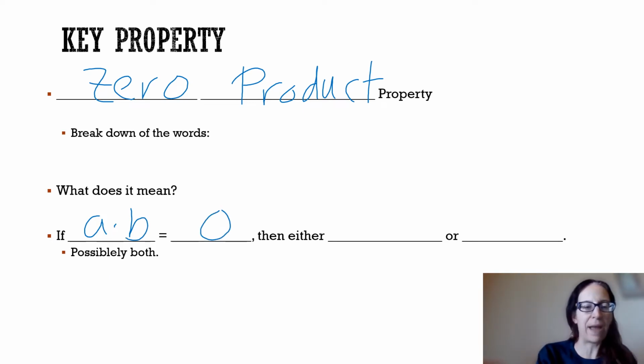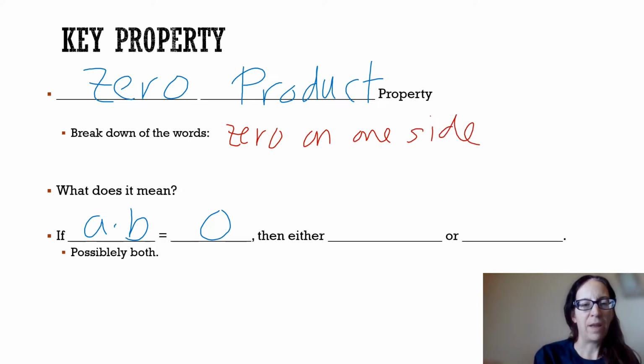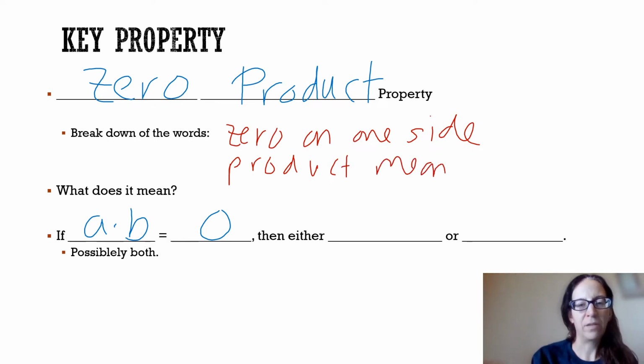Okay, now let's look back up here at the words. Zero means there's a 0 on one side, and product means we're multiplying, because that's what product is.